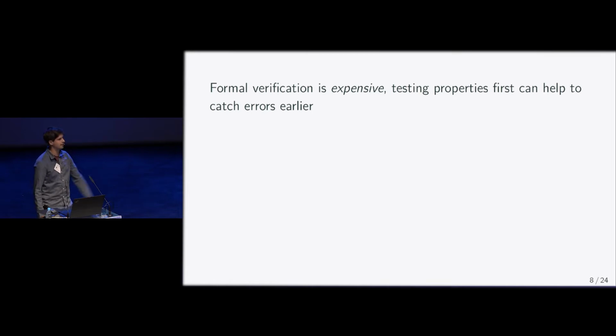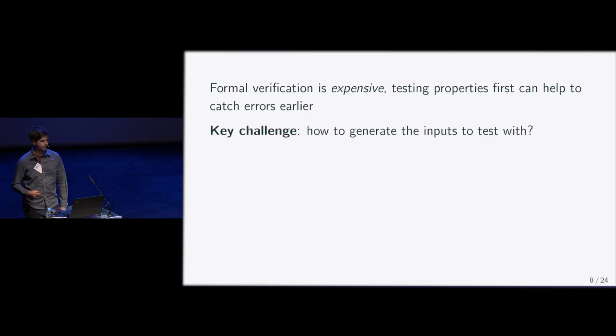So to take a step back and set the stage a little bit, formal verification is great, but it's very expensive. And testing the properties that we want to verify is one of the lightweight methods that we can use to catch errors early on in the process to reduce this cost. But the key challenge of this approach is to find the test data to instantiate these properties with.